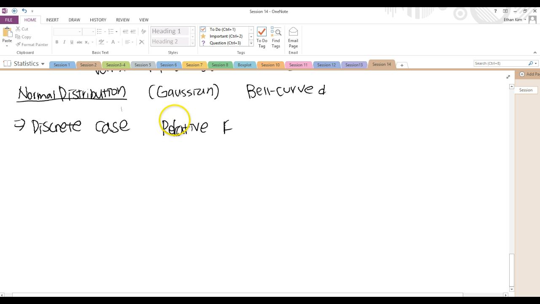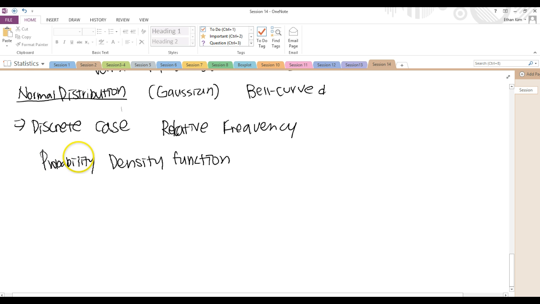But something similar we're going to use in normal distribution is called the probability density function. This is for a continuous variable.